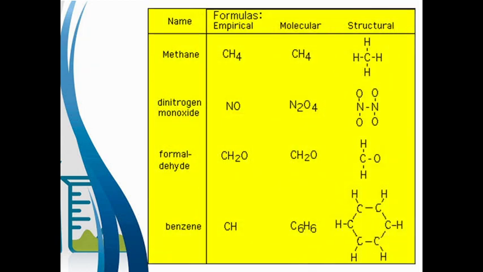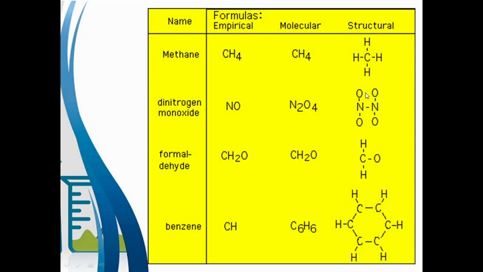Next, these are the different examples of empirical formula, the molecular formula, and its structural formula. So methane, CH4, is a structural formula. Then we have nitrogen monoxide, 1 nitrogen, 1 oxygen, so its molecular formula is N2O4.